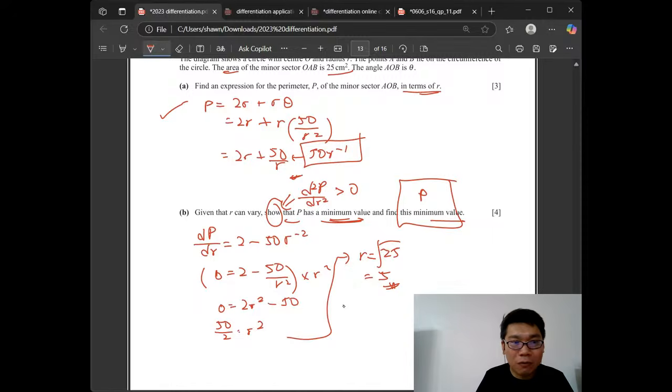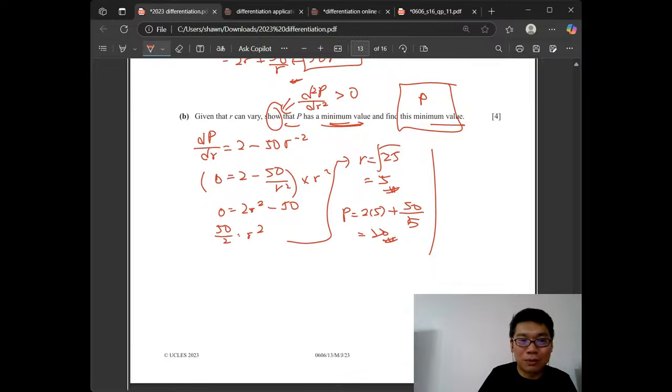And remember to find what is P. If you forget to find the value of P, then we will lose marks. So minimum value of P is 50, and then show that. And then remember to show that this is the minimum. So we do the d2P/dr squared. This part no r already, so bye-bye.